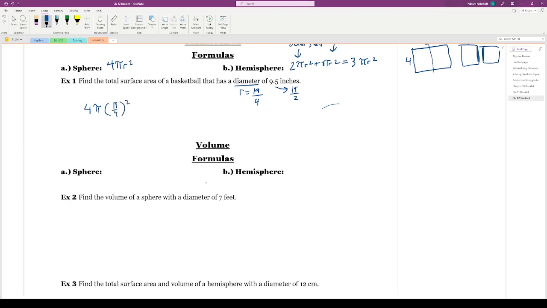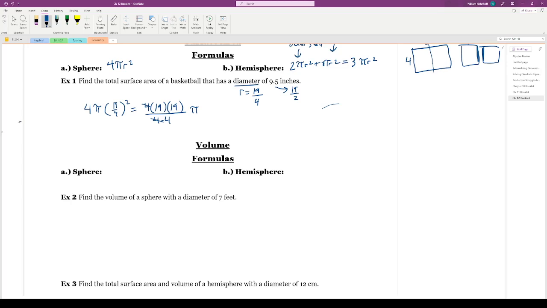And we're going to leave this in terms of pi. So we have 4 times 19 times 19 divided by 4 times 4, because that's 19 squared and 4 squared, times pi. We can simplify a little by getting rid of this 4. Then we need to know what 19 squared is.